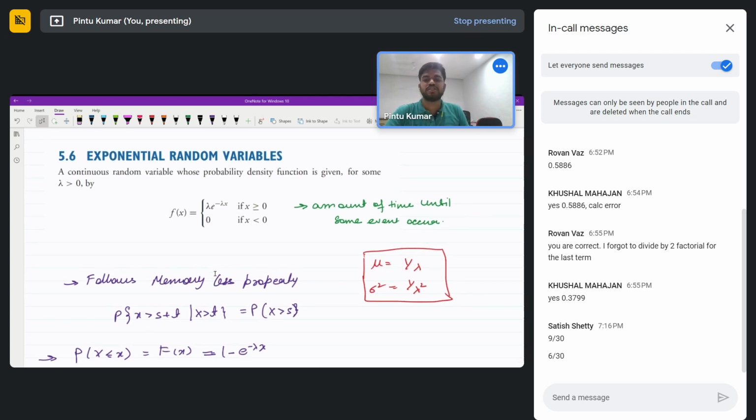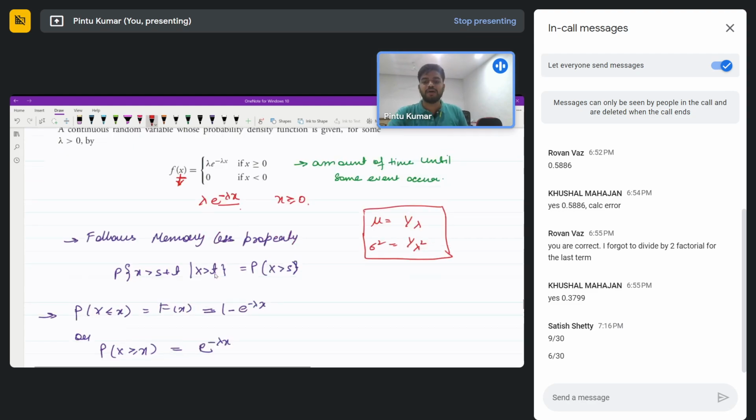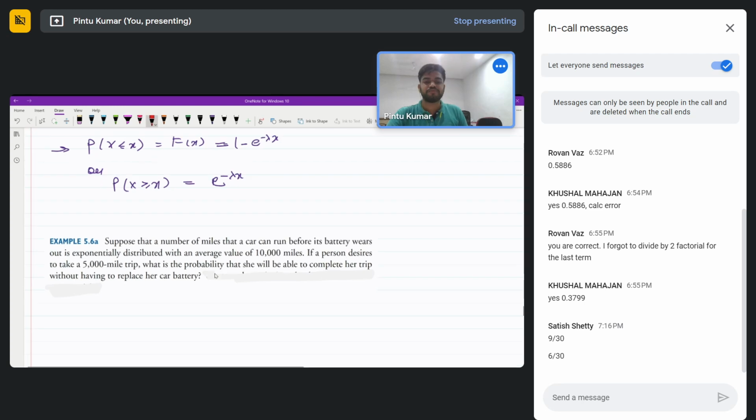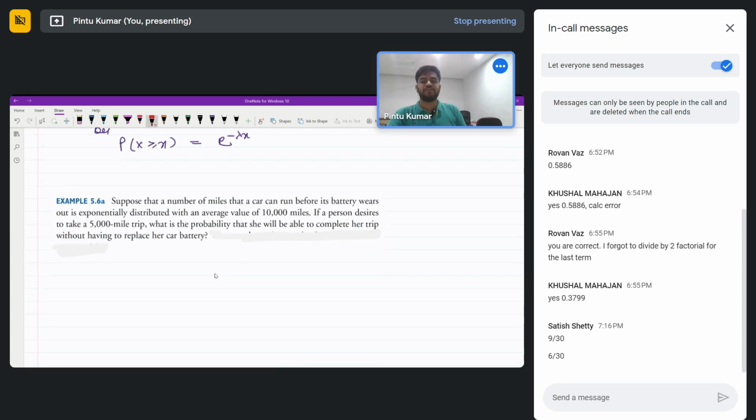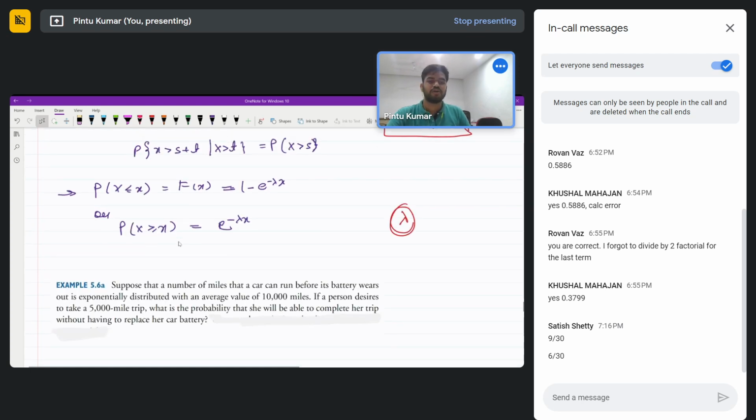So this is a random variable which gives you the amount. This x represents the amount of time until the next event occurs. This is given by lambda e to the power minus lambda x, whenever x is greater than or equal to 0, obviously, since the time would be positive. I'll come back to the memoryless property, but let's first look at what is meant by lambda.